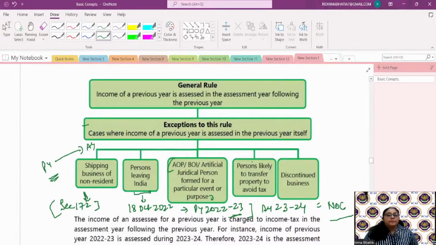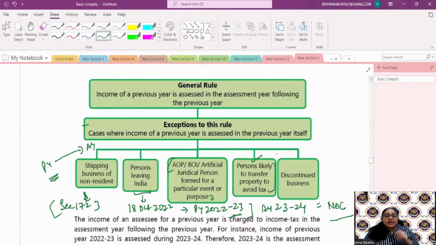Okay, then person likely to transfer property to avoid tax. You think a person would transfer his property very soon. So what you do, you levy the tax on them in the same year, so that in case he transfers the property and earns any profit, the department has got the tax on it in the same year itself.